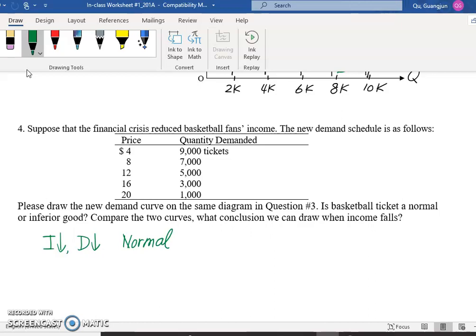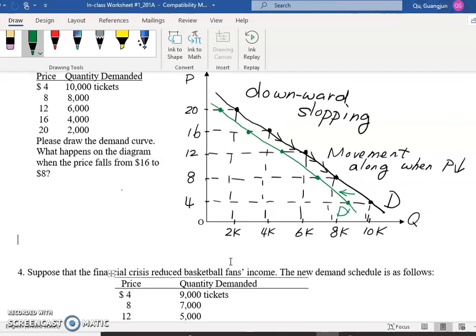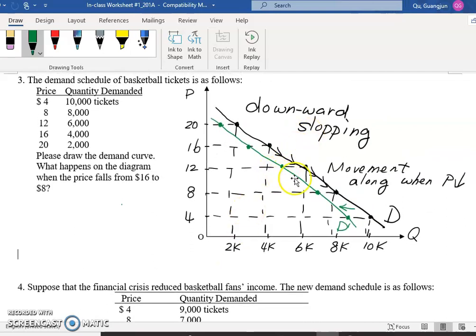Okay, as we said, if a lower income leads to a higher demand, it means it's inferior. But that's not what this table suggests, right? Now here, you probably already find a graphical difference between number 3 and number 4. In number 3, we said that a lower price leads to a higher quantity demanded.